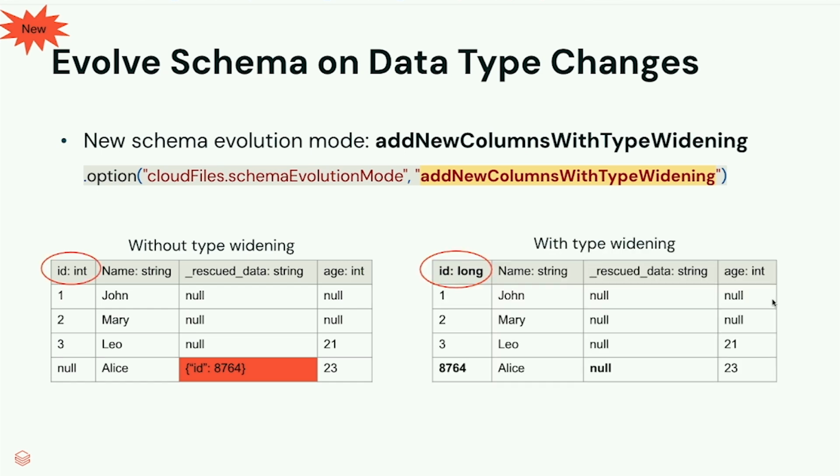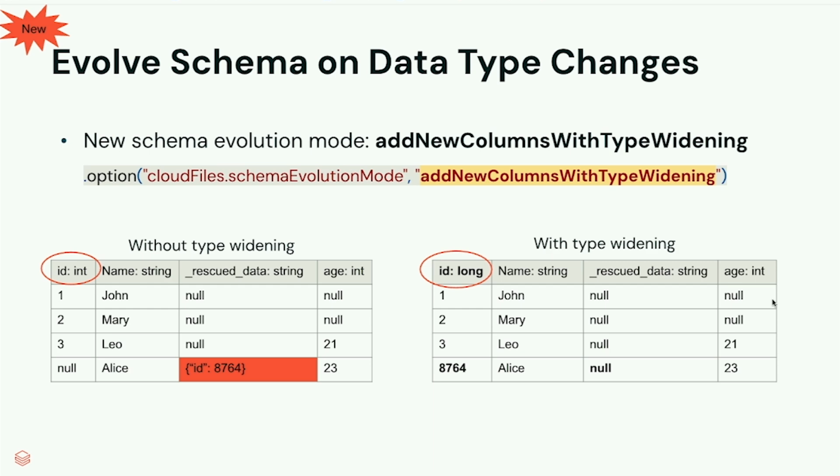Earlier, without type widening, we used to rescue that field ID, but now with type widening, we are going to evolve it to the wider type and make sure that the data, instead of getting rescued, goes in its regular column. So you no longer have to deal with the rescue data.